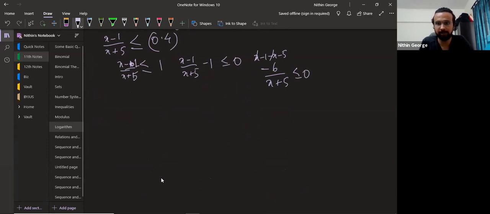You can draw the graph for this, roughly. Where does it break? At x equal to minus 5. Multiply by minus 1 by 6 throughout. What happens? Greater than or equal to 0.